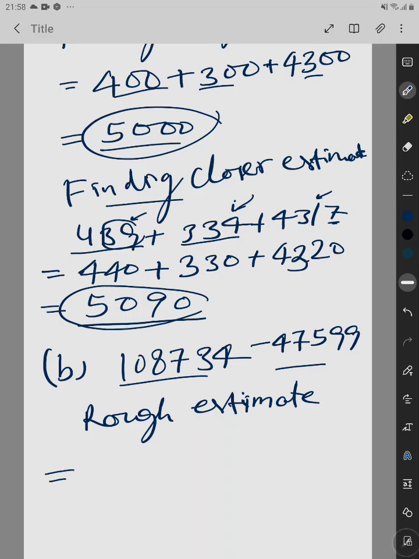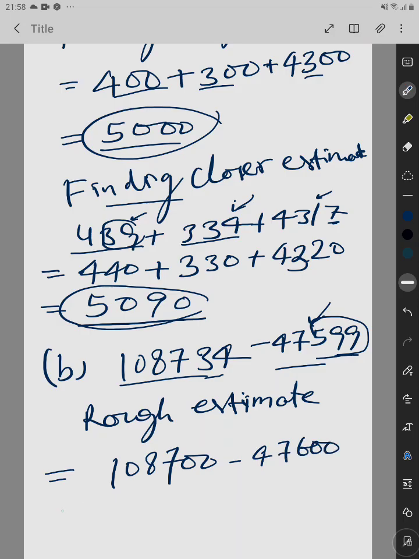For the first number, the last two digits are 34, so the nearest 100 will be 108700. For this one, the last two digits are 99, which is more than 50, so this digit will be increased by 1; it is nearest to 600, so it will be 47600.